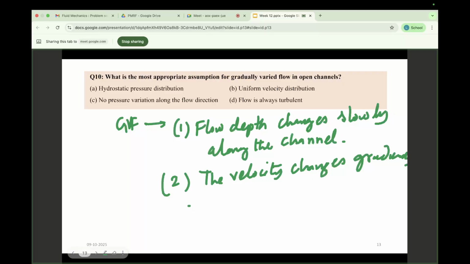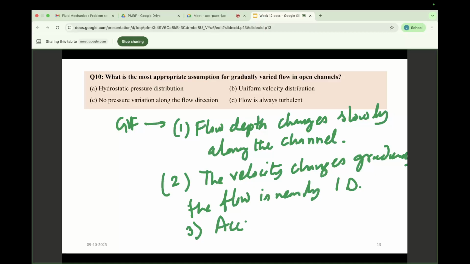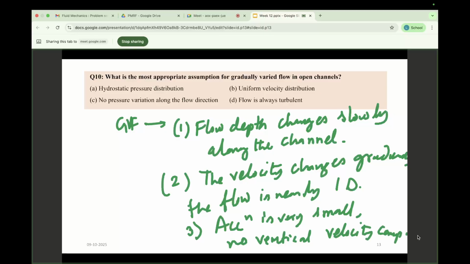What does that mean? That means the flow is nearly 1D. Next, acceleration is very small and there is no vertical velocity component. Okay, so which of these assumptions is important here?